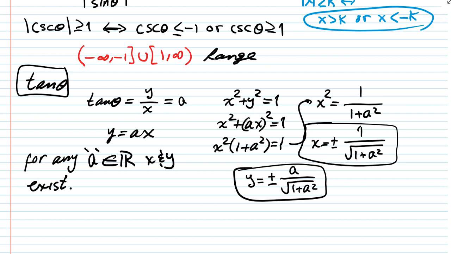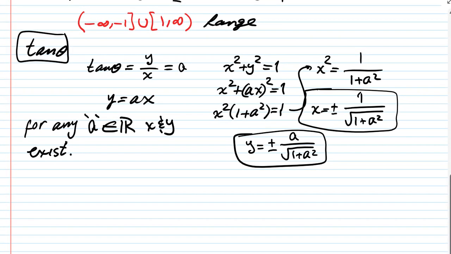Well, if they exist, then that means the range is all real numbers, right? Because y exists, x exists, therefore a exists for all real numbers. So that means the range for tangent is all real numbers, negative infinity to infinity.